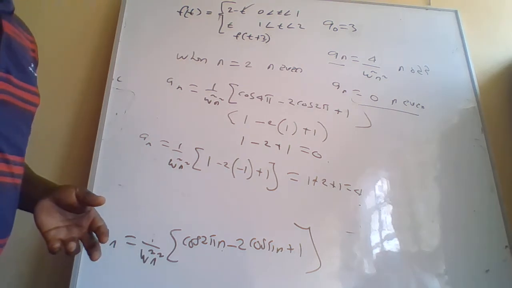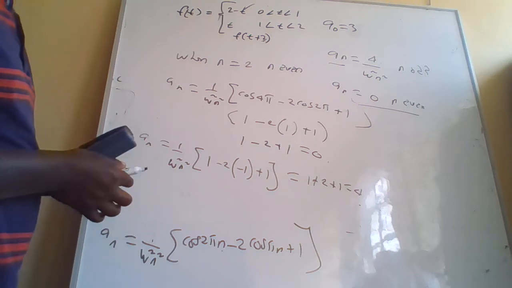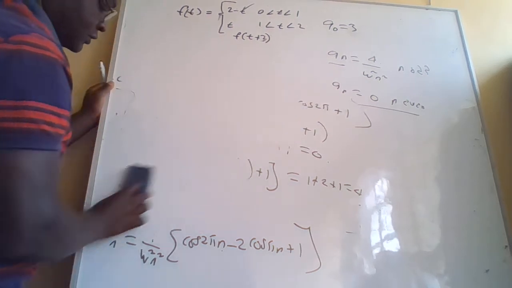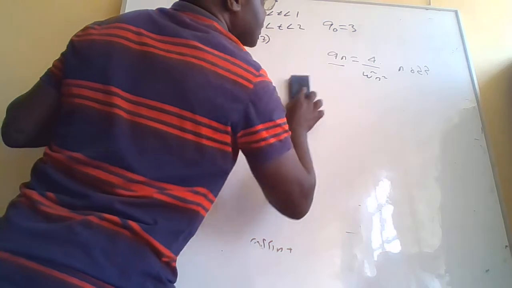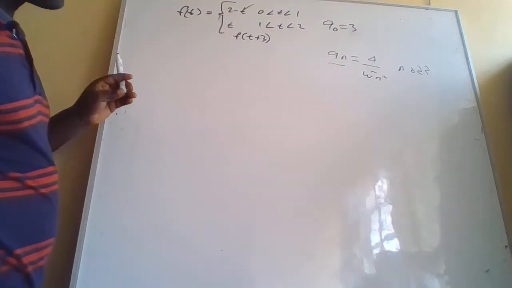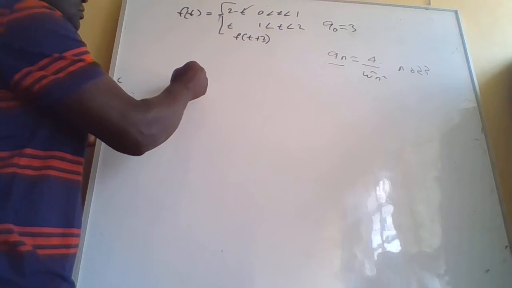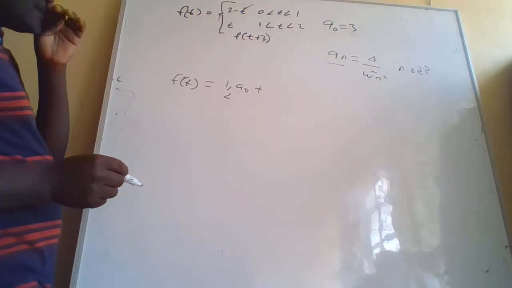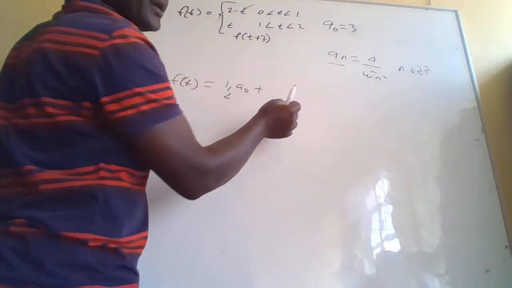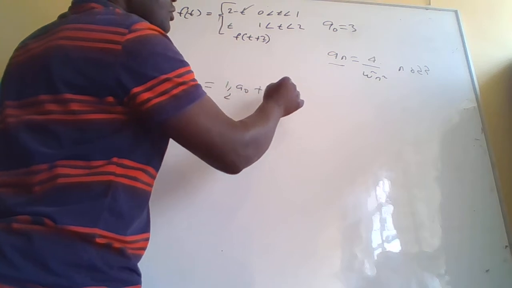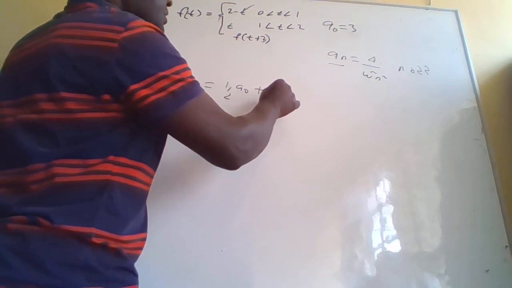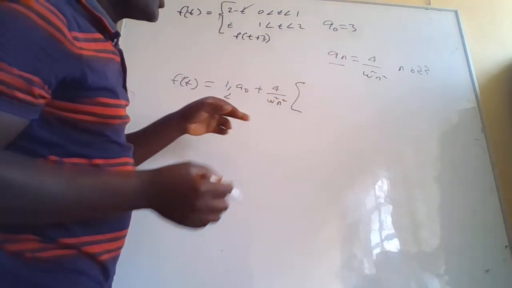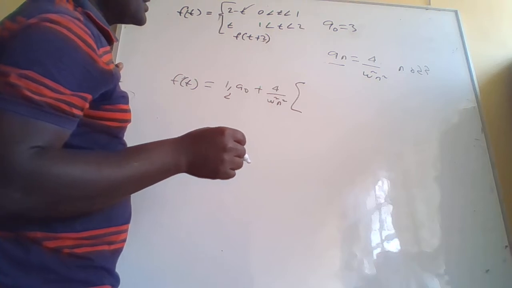For once we have a naught and an, the series f of t is given by a half a naught plus, now we have our an, which is 4 over omega squared n squared into, now it's odd, so we start with the 1 when n is 1.